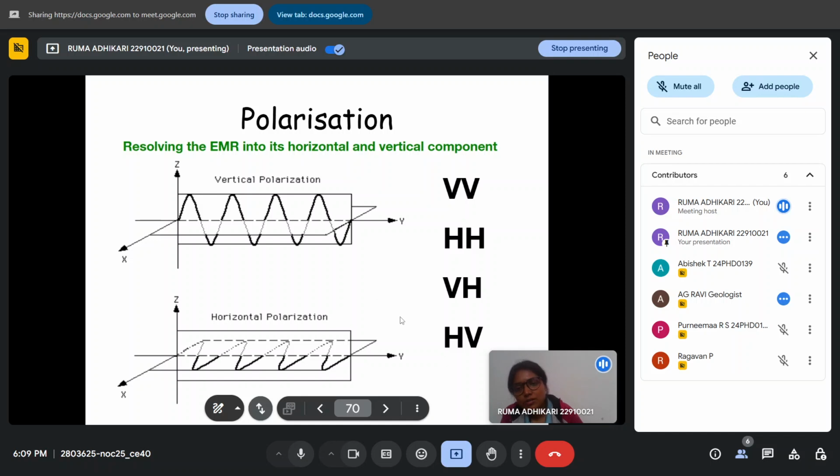Firstly, we call it polarization because when you are transmitting this signal, suppose only this vertical polarization, pure V, you will not get back only pure V or pure H. Suppose for this combination you get pure V, VV, and when you get pure H, H.